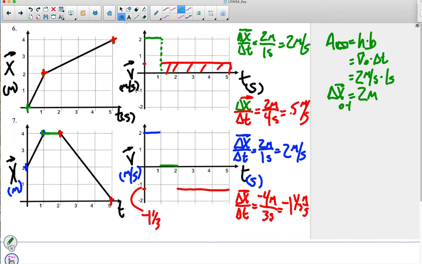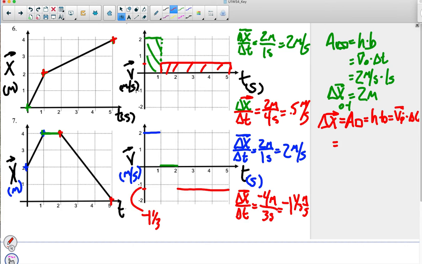Oh, I should have highlighted my green rectangle earlier. With this red rectangle, starting from 1 to 5 seconds, that displacement is going to be the area of that rectangle, which is height times base, which again is initial velocity. Well, actually, it would be velocity initial times our change in time.